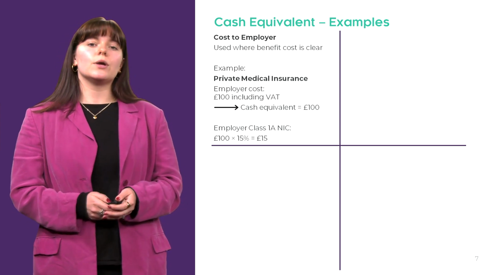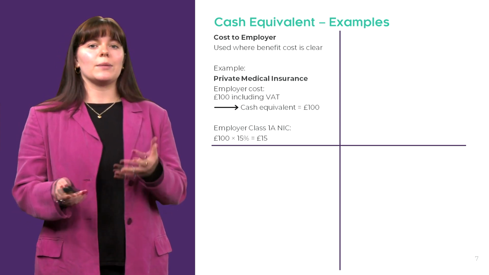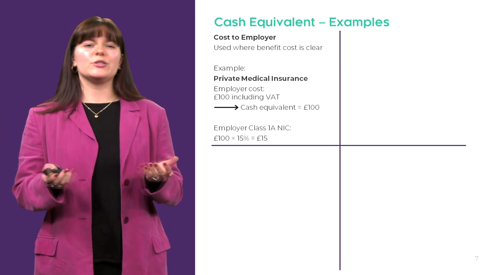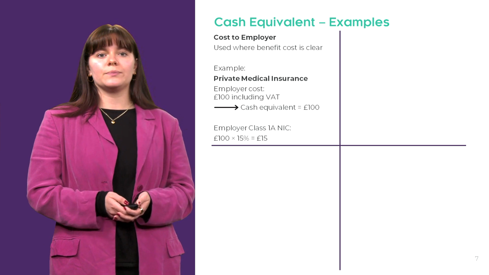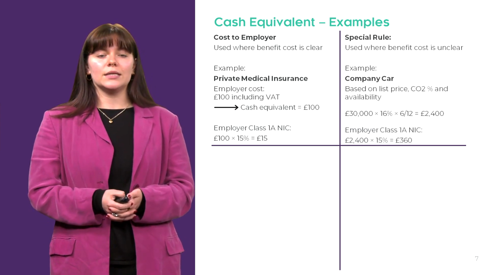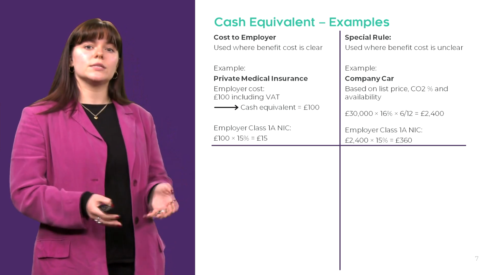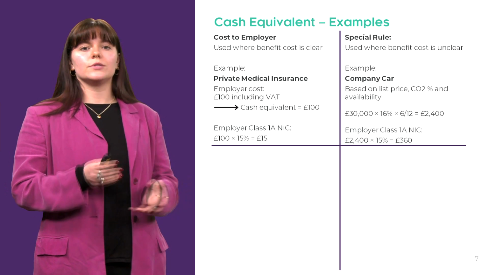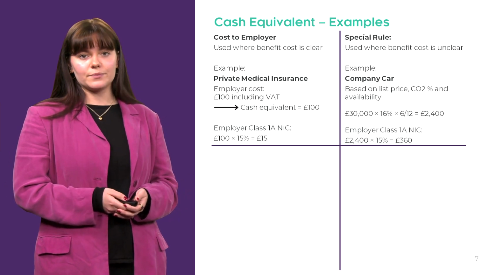Now let's move on to one of our special rules, which is applied to specific types of benefits where the simple cost to the employer approach wouldn't give us a fair taxable value. The first example is a company car. The value here is based on the list price, its CO2 emissions, and how long it's available to the employee during the tax year.